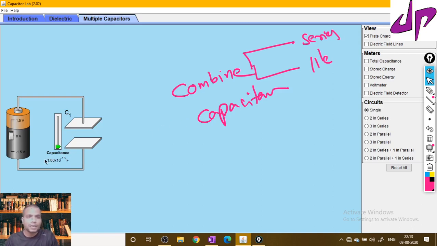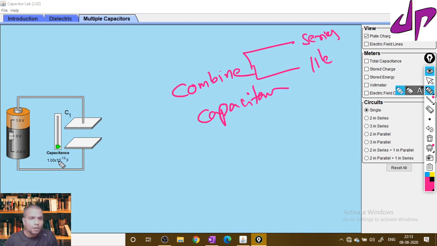Suppose I have this capacitor, which already shows the capacitance as 1 times 10 power minus 13 farads. Now if I connect two capacitors in series, this is the capacitor symbol, and we connect one more capacitor.